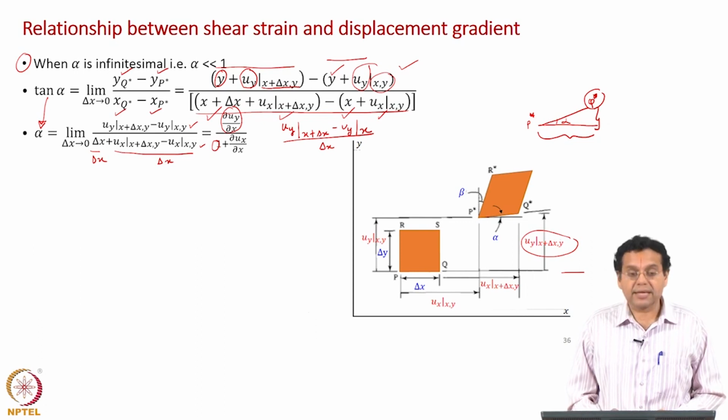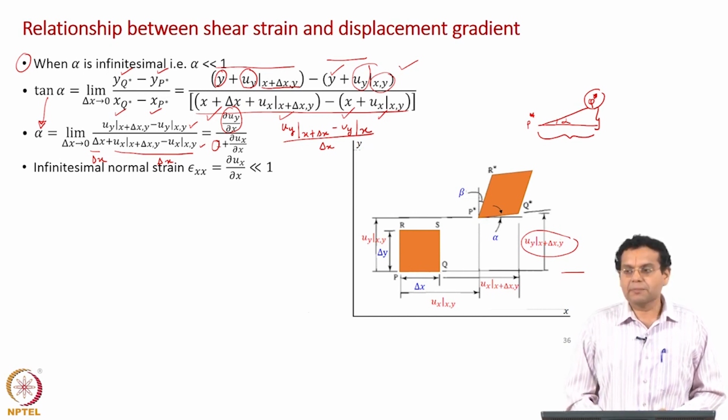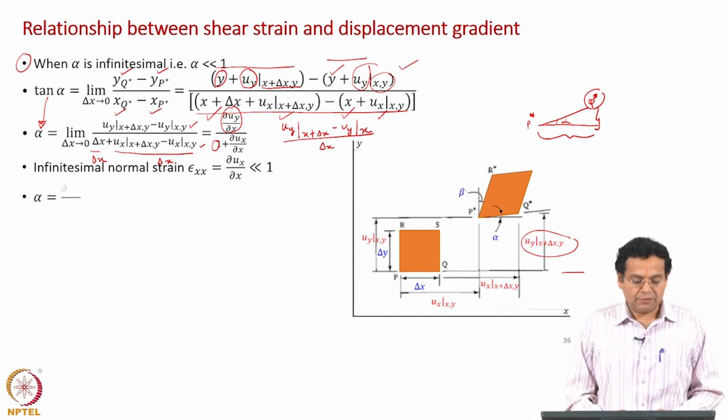Now, second assumption, infinitesimal normal strain. We have already seen that dou u x by dou x represents normal strain. I will assume that the normal strain is much smaller than 1. So, in the denominator you can neglect dou u x by dou x, and the denominator becomes just unity. So, alpha becomes dou u y by dou x.